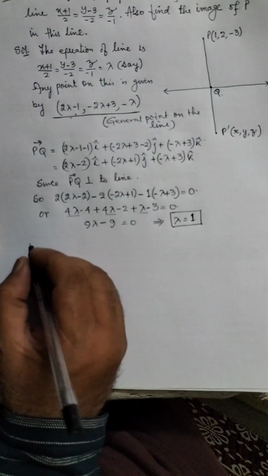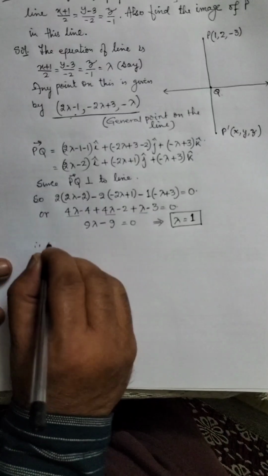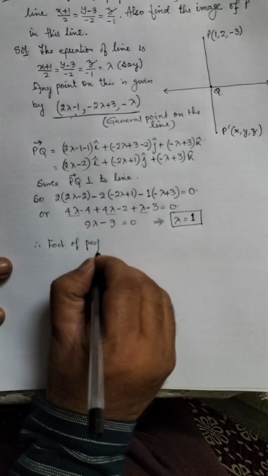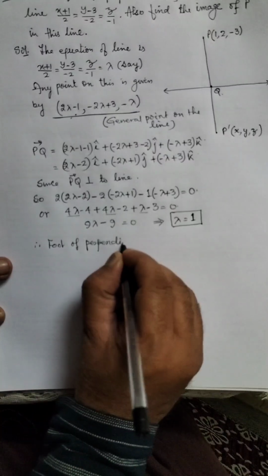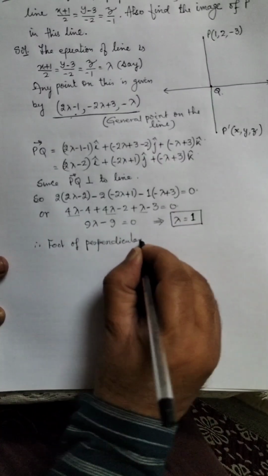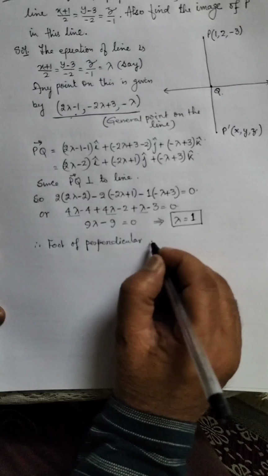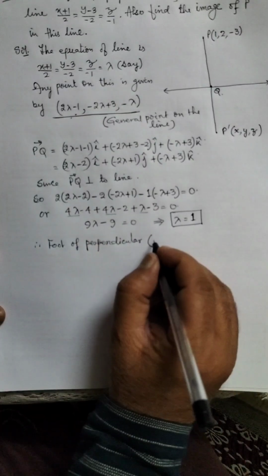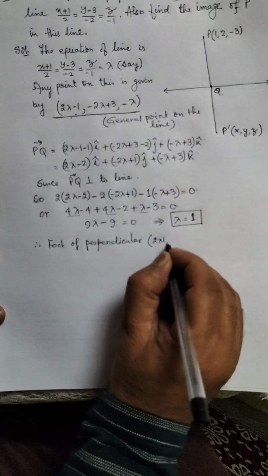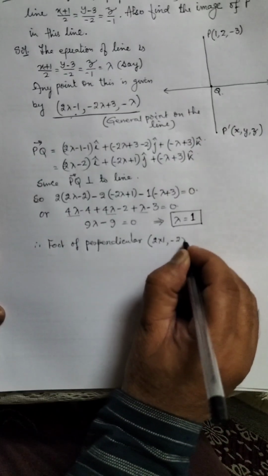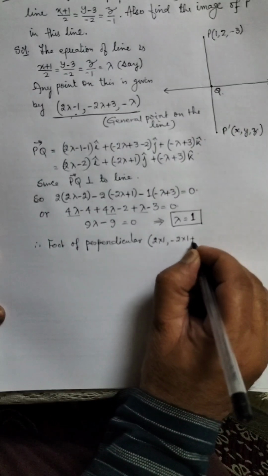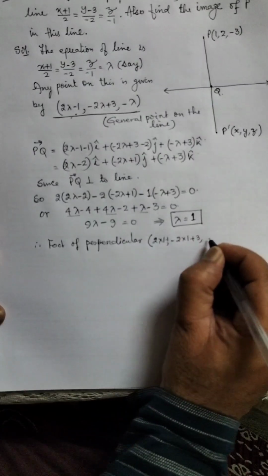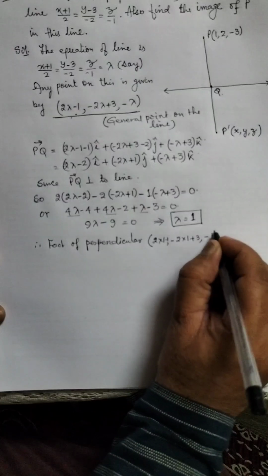Therefore the foot of perpendicular is, we will put the value of lambda in this point: (2 times 1 - 1, -2 times 1 + 3, -1).